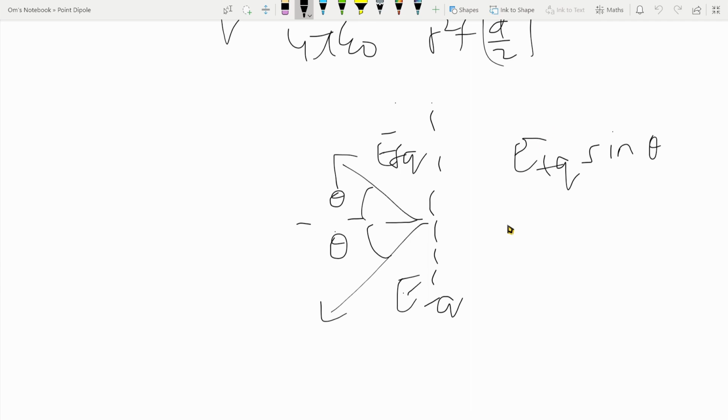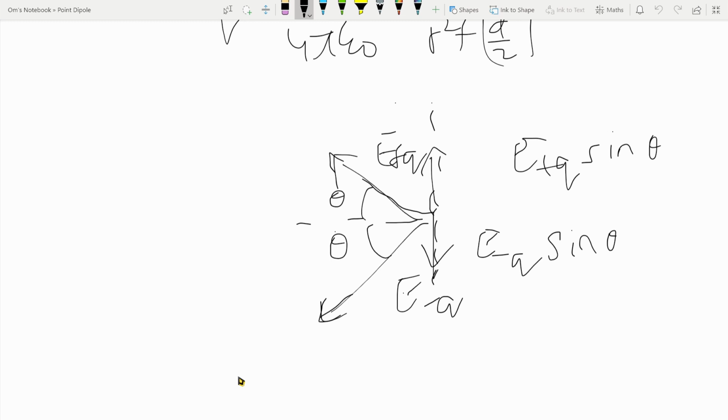But as you can see, since E minus Q is along the, you could say, third quadrant, that is, it is pointing in this direction, and E plus Q is pointing upwards over here, we find that E plus Q sine theta is along this direction, that arrow that I've just drawn, and E minus Q sine theta is along the other direction. And since E plus Q is equal to E minus Q, E plus Q sine theta will be equal to E minus Q sine theta, because angle theta is actually the same.